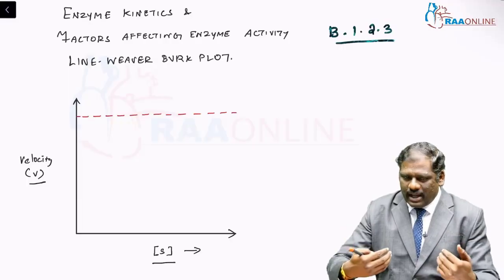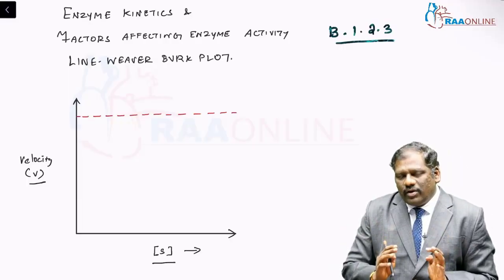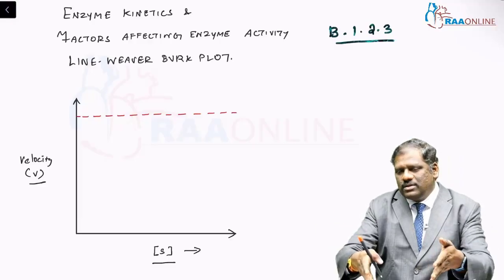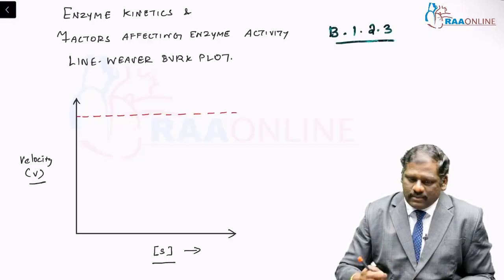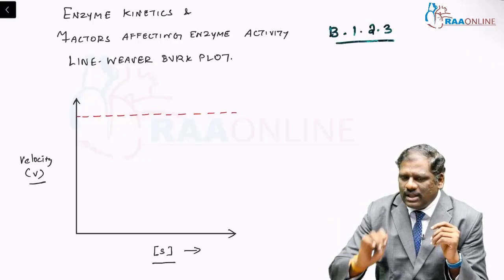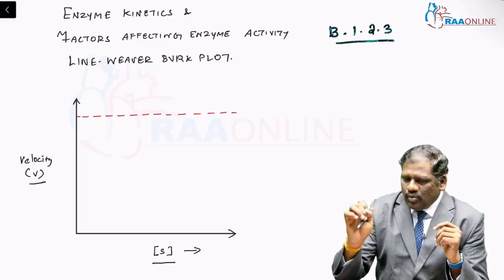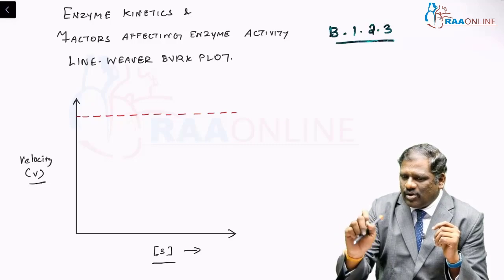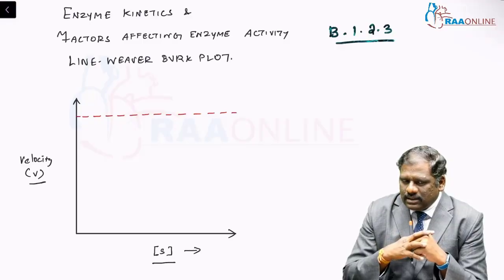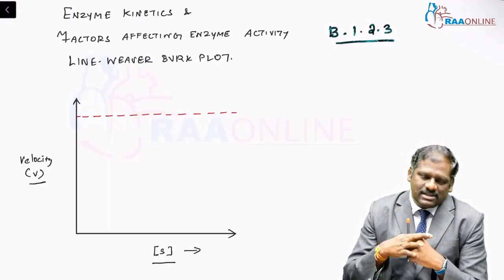It is a forward reaction. So, in a forward reaction, the velocity is the movement of that reaction towards the formation of product. Now, imagine the scenario, you are slowly increasing the concentration of the substrate. So, what do you think will happen to the velocity? Any guesses? The velocity will increase.